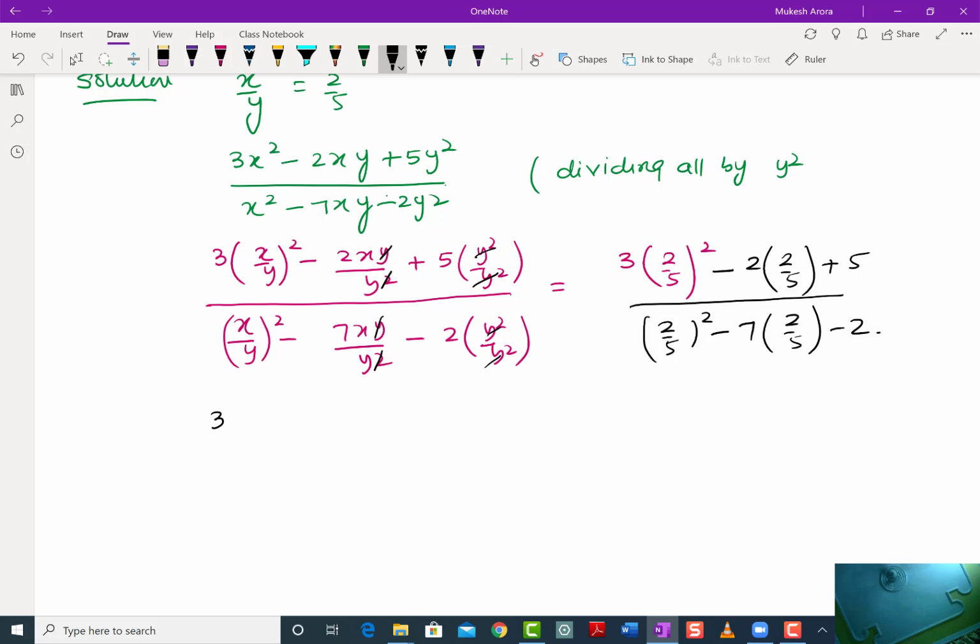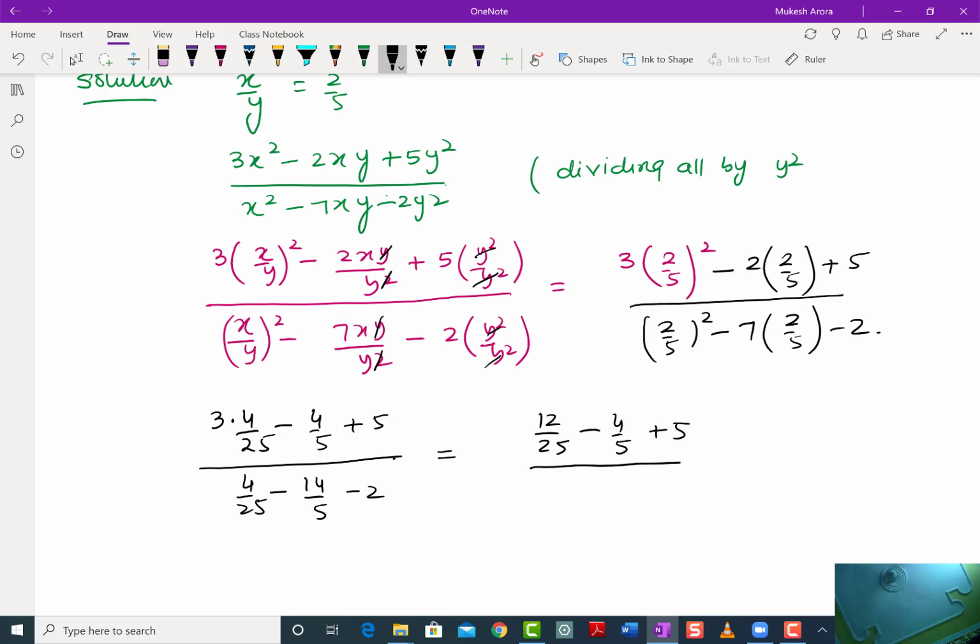This is 3 into 4 by 25 minus 4 by 5 plus 5 upon 4 by 25 minus 14 by 5 minus 2. 12 by 25 minus 4 by 5 plus 5 upon 4 by 25, 14 by 5 minus 2.